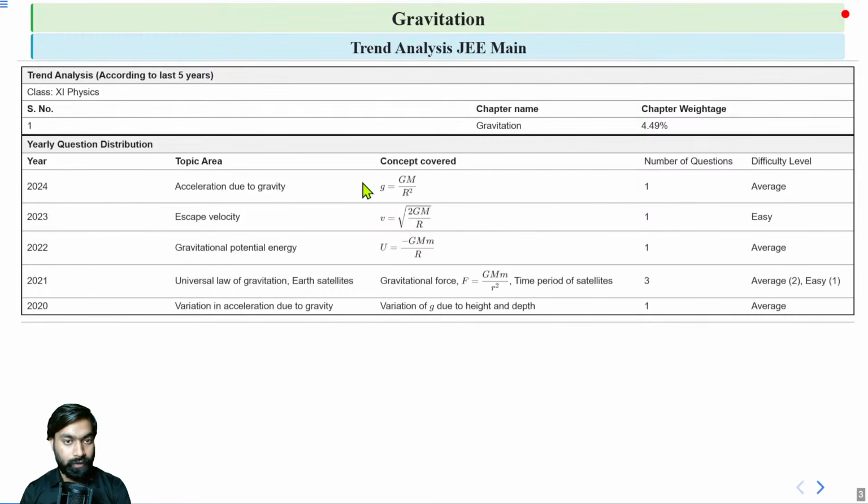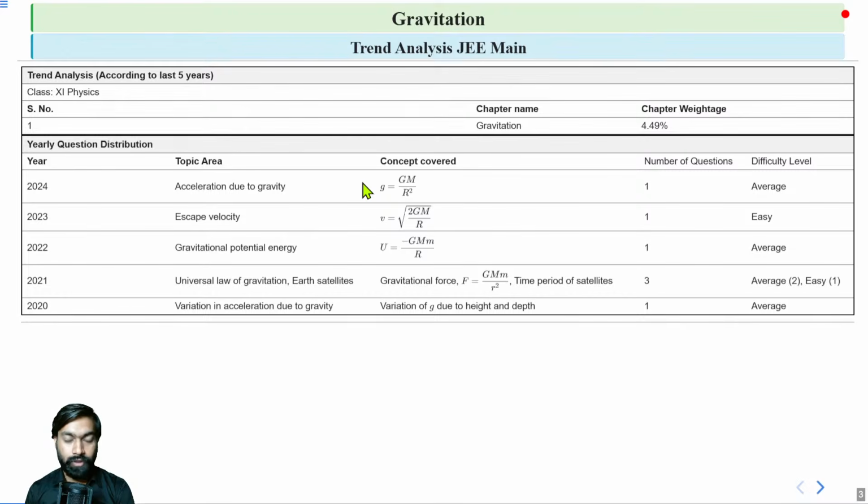Similarly, in 2021 questions were asked from universal law of gravitation and earth satellites. In this year the total number of questions is 3. 2 questions were average and 1 question was easy. Alright, so this is a most important concept.